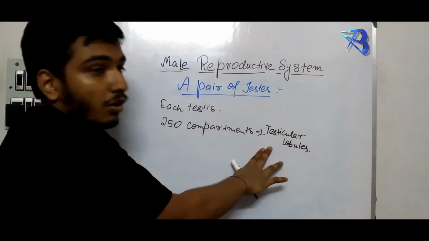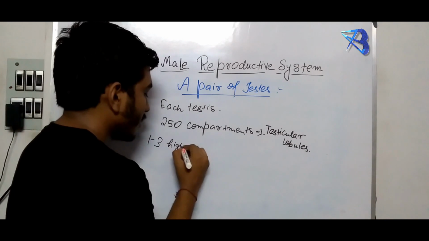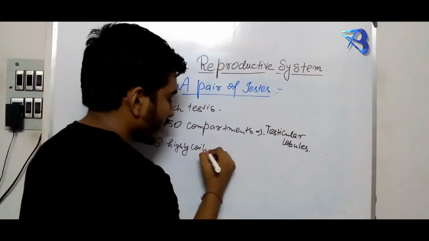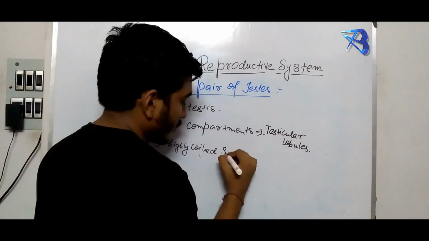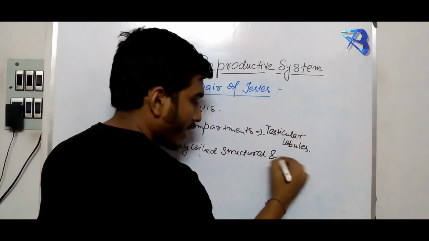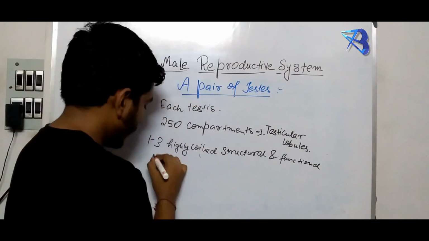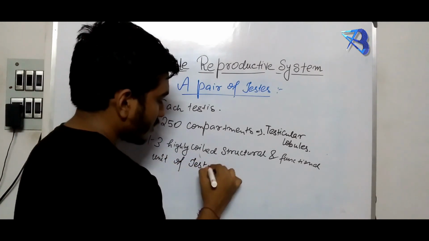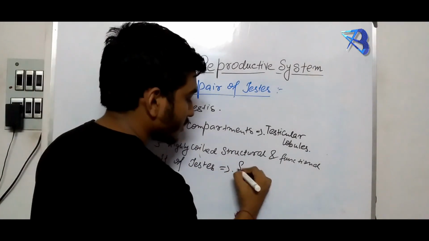Now each testicular lobule has 1 to 3 highly coiled structural and functional units of the testis. What are these called? They are known as the seminiferous tubules.